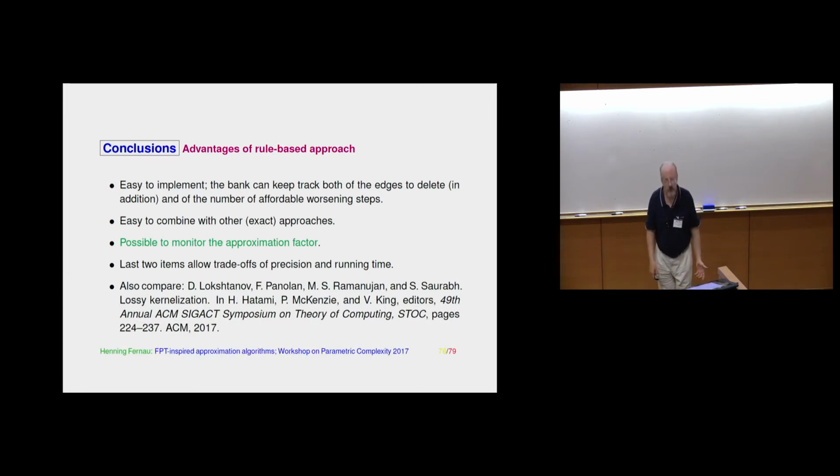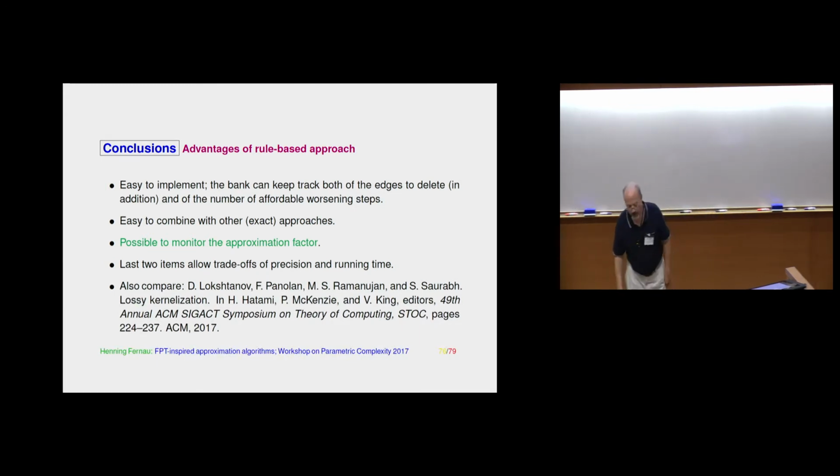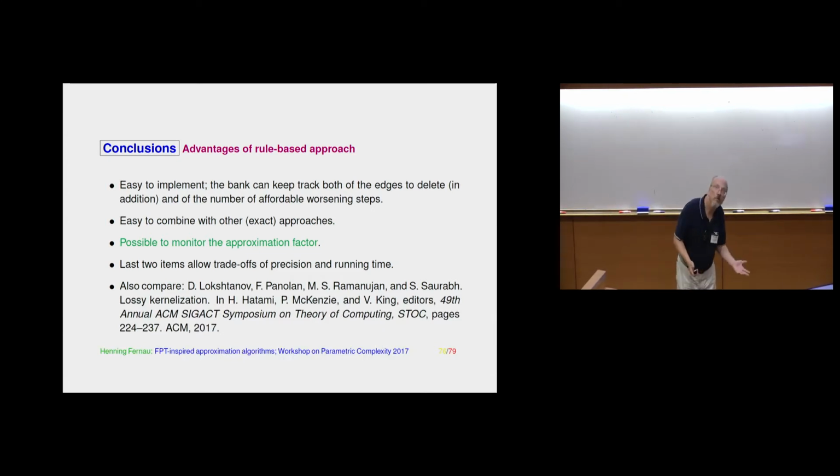For instance, we might have some kind of trade-offs between precision and running time. If I want to have my solution reasonably quickly, but again, I'm also happy to spend this time getting better solutions, I can just scale it a bit and invest more time when I know, okay, here my approximation factor is not that good.